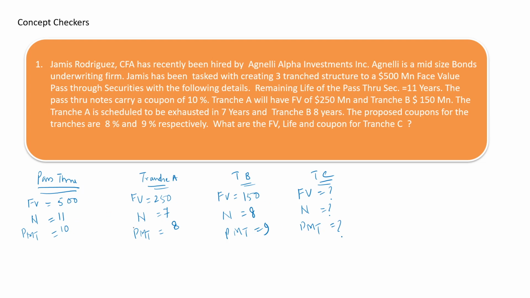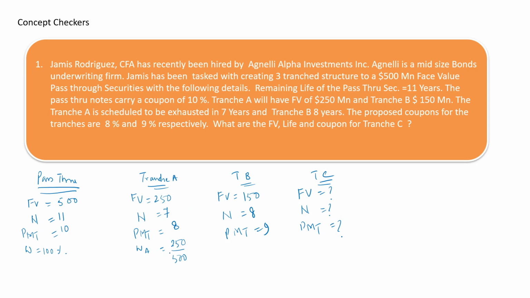Okay, so to begin with, the way we will be approaching this is, since these three have originated from this pass-through, we could say that the weight of the pass-through securities is definitely 100%, and the weight of tranche A is 250 divided by the 500 face value, because these have been created from this.